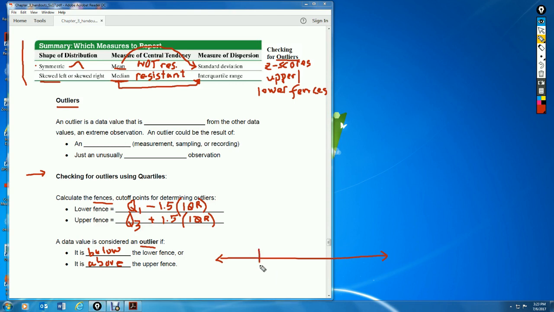We're going to calculate here the lower fence, and up here the upper fence. Anything above this is an outlier. Anything below this is an outlier.